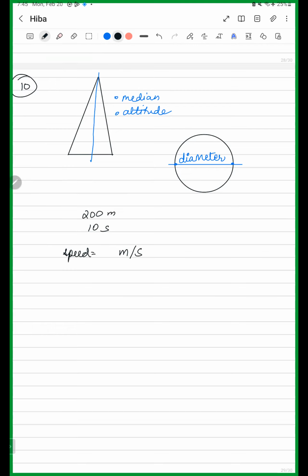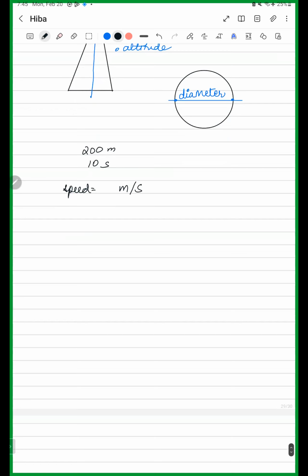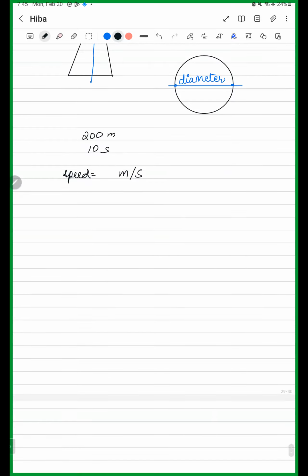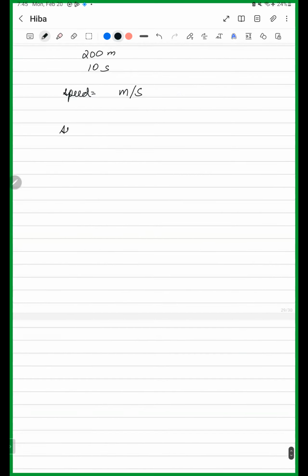Okay. See, speed in meters per second is how much? 200. 200 is the distance it covers. And okay, see Hiba, what is speed? What is the formula for speed? Distance by time. Distance traveled upon time taken. ठीक है?